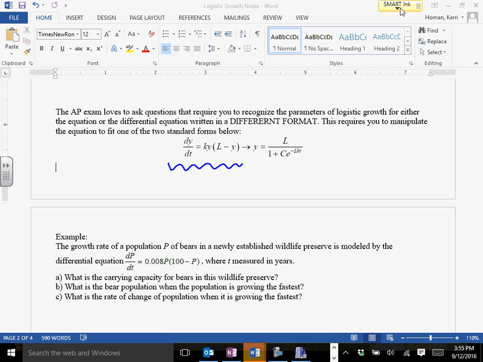So you just need to pay attention and make sure that before you begin working your problem, if you have dy/dt, it needs to look like that, where there is a y on the outside and an L minus y inside of those parentheses. Okay, so let's go ahead and look at our next example here.